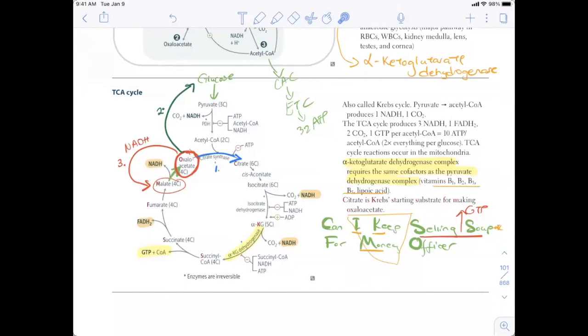So that's a reminder that if for any reason oxaloacetate decides to just keep going back and forth in this cycle, guess what we're not going to make? We are not going to make glucose. And that's where hypoglycemia can actually set in, right? Remember that, connect this together, right? So this is how you can link your citric acid cycle with what happens in a patient who's experienced alcoholism, okay?